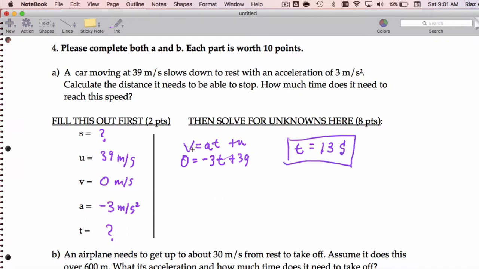Now let's go ahead and actually get the position. So that's going to be V squared equals U squared plus 2AS. I'm just using this formula because I can.